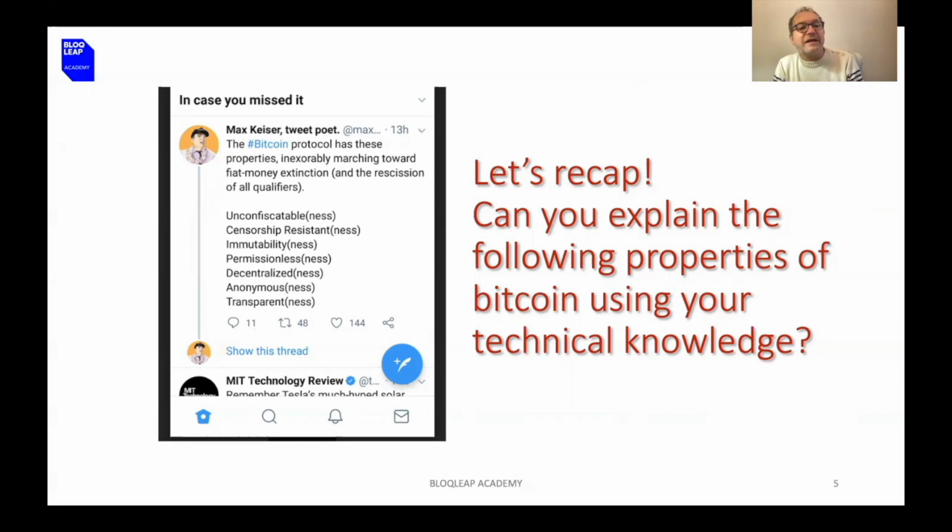So Max Kaiser said that the Bitcoin protocol has these properties: unconfiscatable, meaning that you can't confiscate the Bitcoin you've got. I will actually spend, in the intermediate level, 1 or 2 videos on that, and I will explain what is unconfiscatable, censorship resistance, immutable, etc., which is very important because once you understand that, you understand the power of Bitcoin.